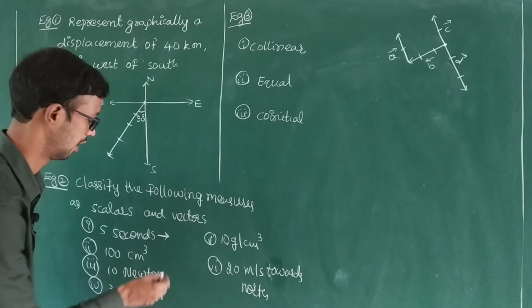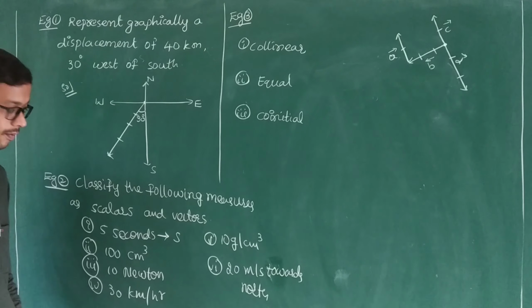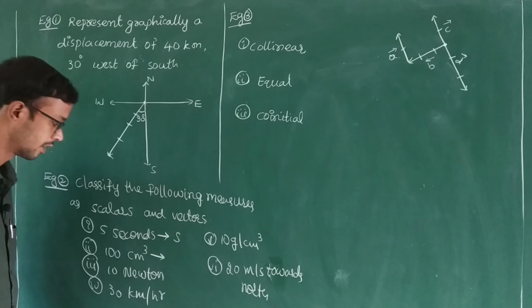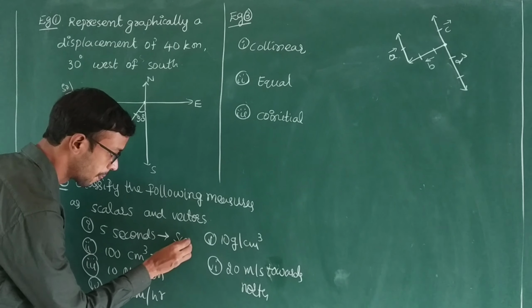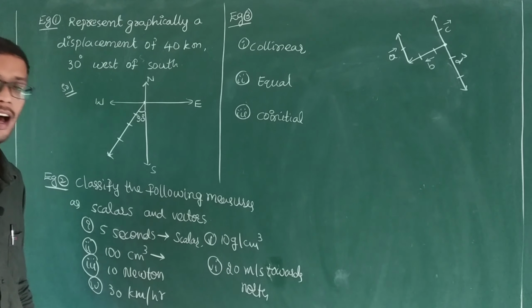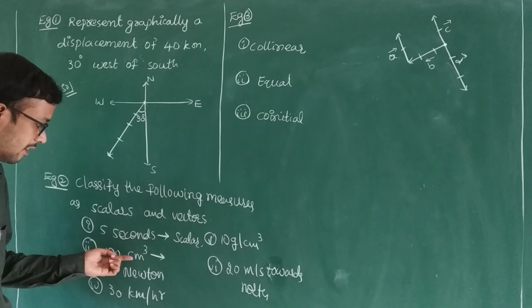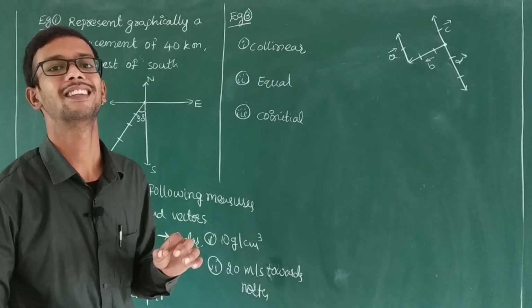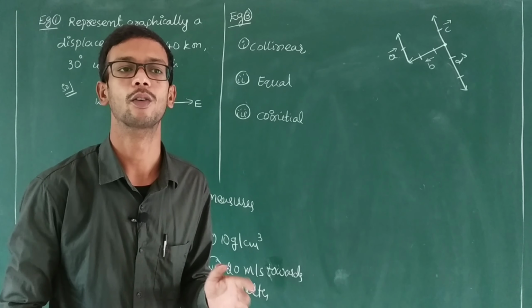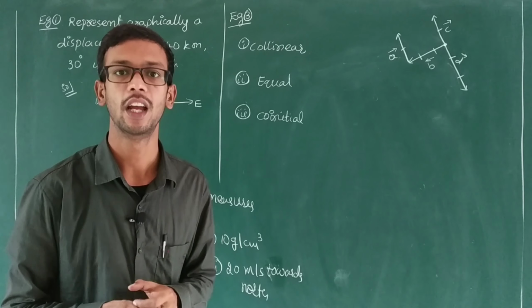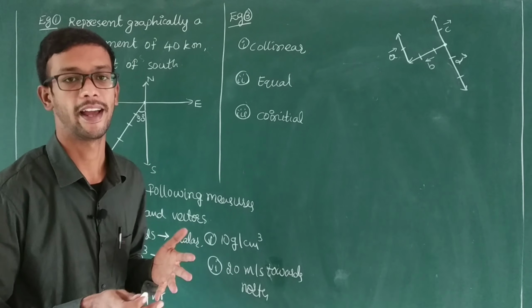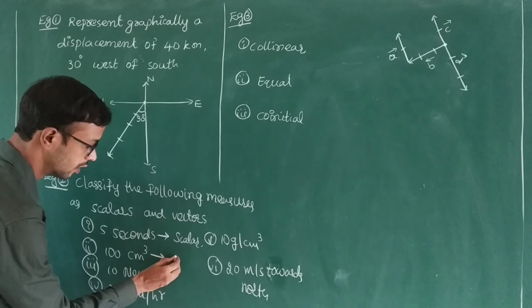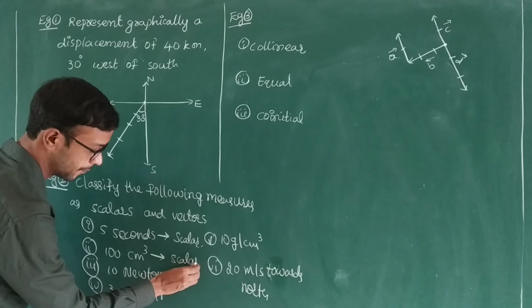There is no direction, so it is a scalar. Next, 100 centimeter cube. That is a volume. Volume has only magnitude. There is no direction for volume, so this is also a scalar.